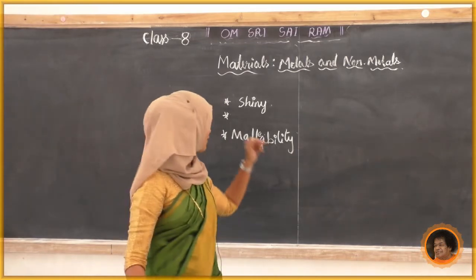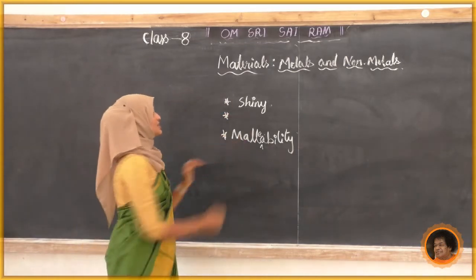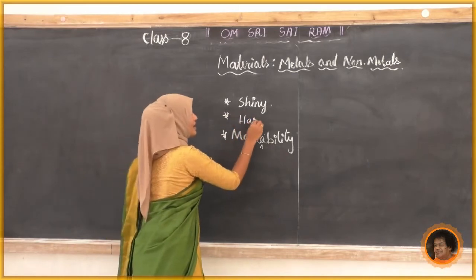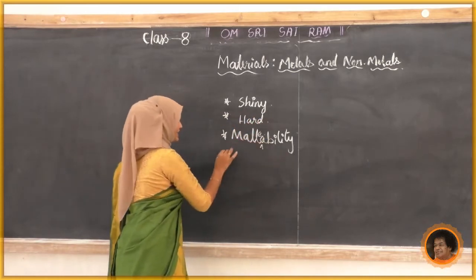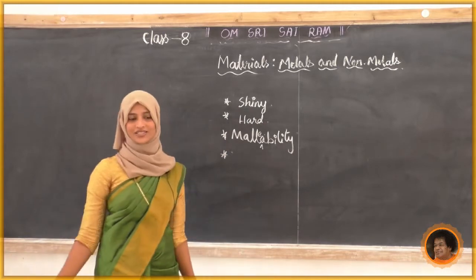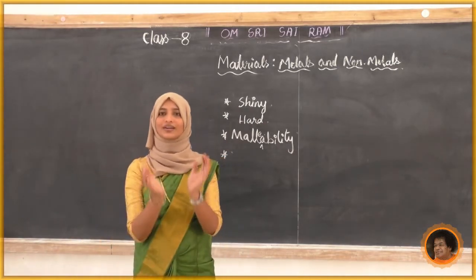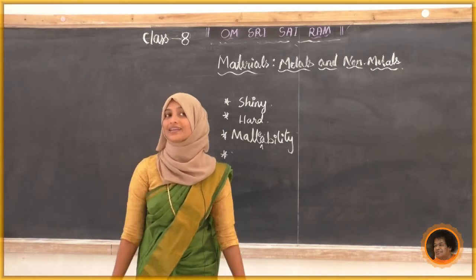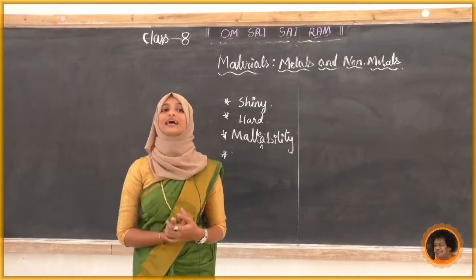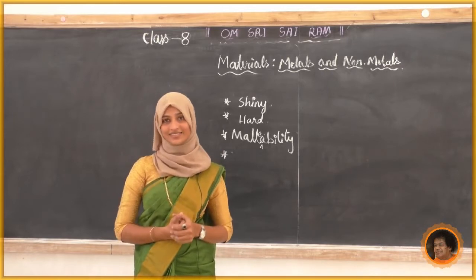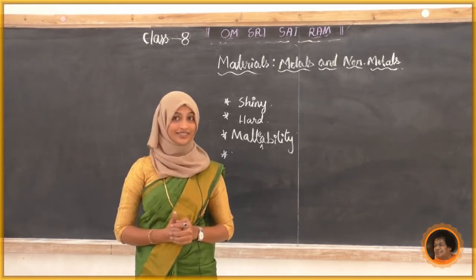Yes. So how many points did we get? Shiny, hard and malleability. Next we will see other points. Can you hold a hot metallic pan without plastic or wooden handles and not get hurt?